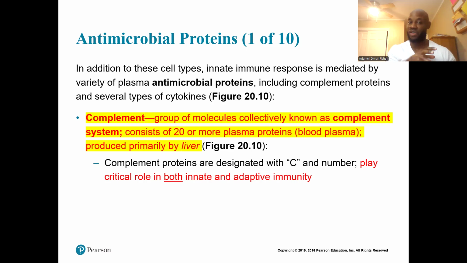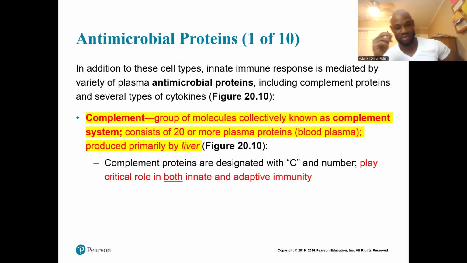Those are different types of cells in the body that migrate to a specific area when there is an issue, when there is an innate response, when there is a pathogen or cell damage somewhere. But we also have, as part of our innate response, our non-specific response, complement proteins, antimicrobial proteins.